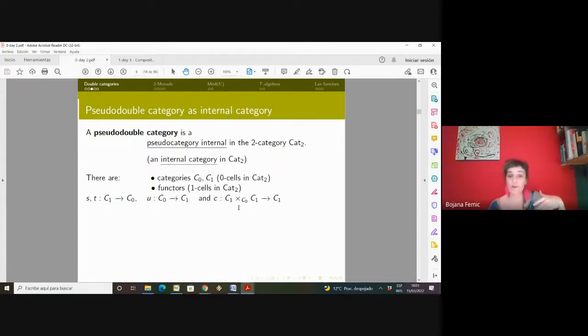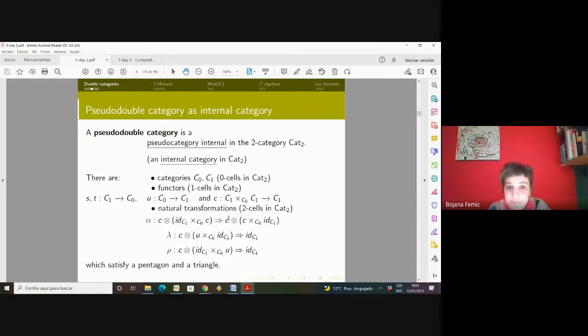But now, since we have this internalization in the two category, we have 1 dimension more to use, and so the associativity of this functor C and the unitality with respect to U is not strict anymore. Rather, we require additional natural transformations alpha, lambda, and rho, which are 2 cells in the two category, which control the associativity of this C on the pullback and unitality with respect to U.